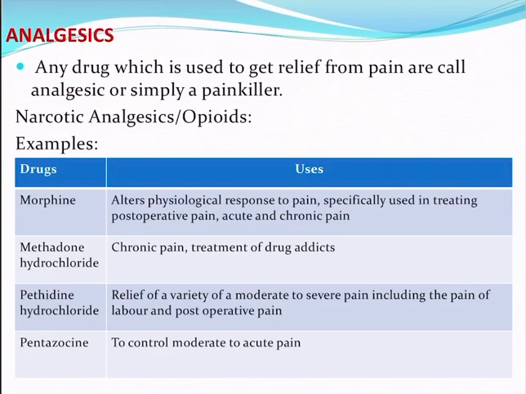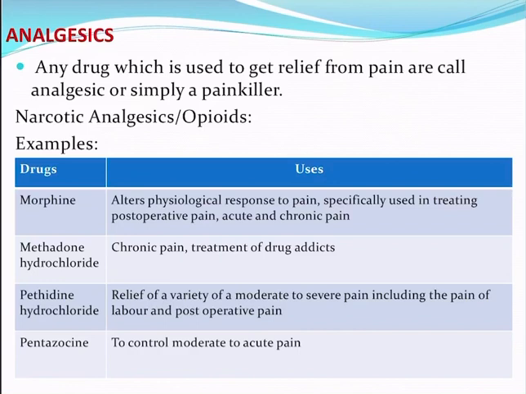What is meant by narcotic analgesics, which are also called opioids? Narcotic analgesics are drugs that relieve pain by binding to opioid receptors which are present in the central and peripheral nervous system, and can cause numbness and induce a state of unconsciousness. So this class of drugs is called narcotic drugs. These drugs may not alter the sensation of pain but modify the emotional reaction to pain.